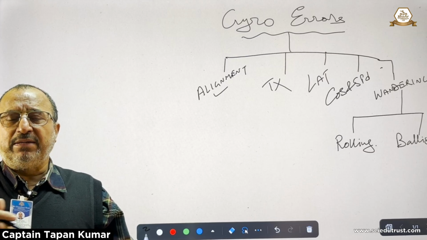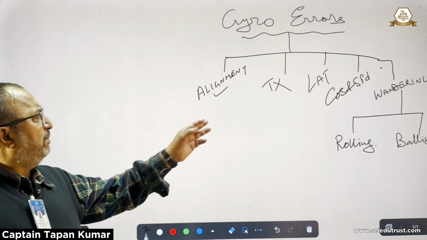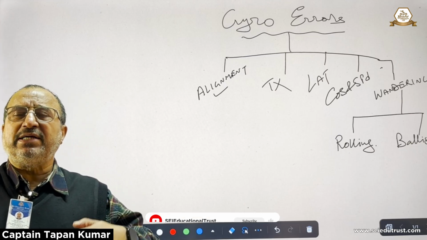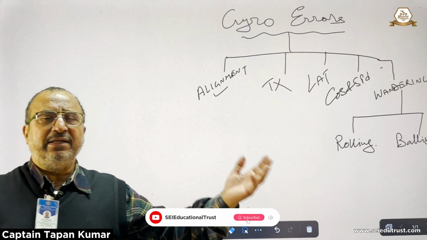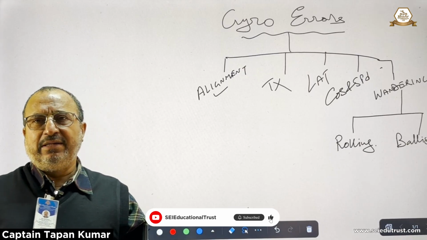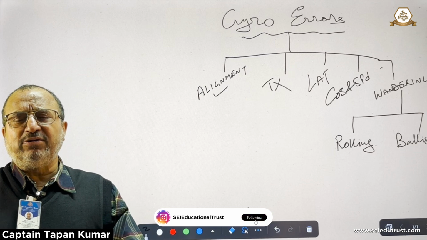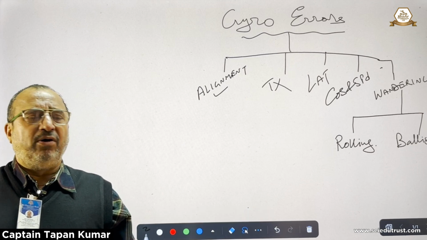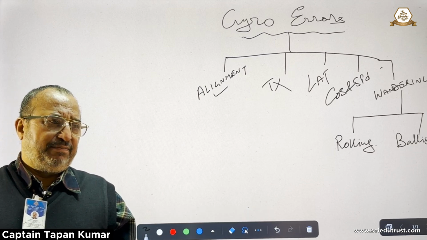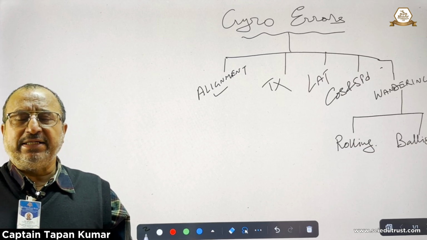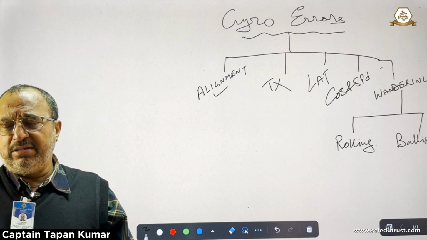So the inputs are provided. Normally, all the movement of the master gyro compass is transmitted to all these repeaters. It is not remote, of course. It is all connected by means of cable.